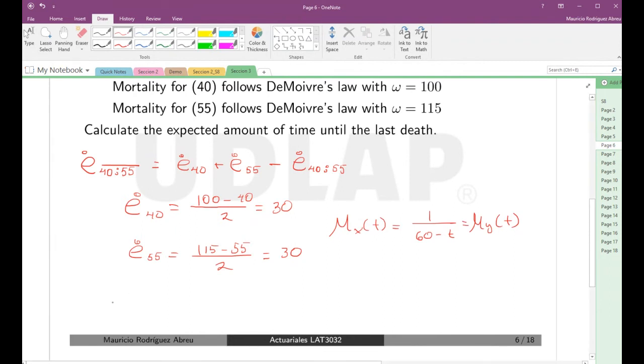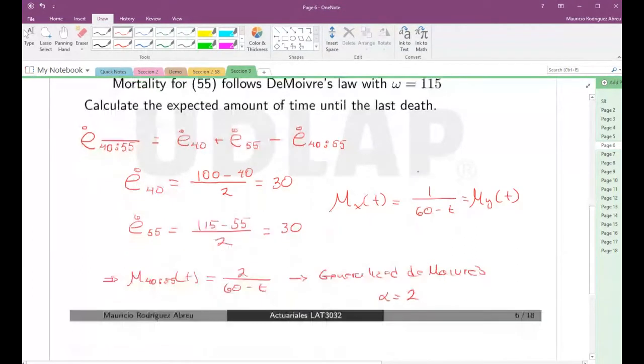Which is really convenient because this means that the force of mortality for this joint life status is going to be 2 times 60 subtracting t, which is no longer the MOABs law, but this is a generalized MOABs law with the parameter alpha being 2.